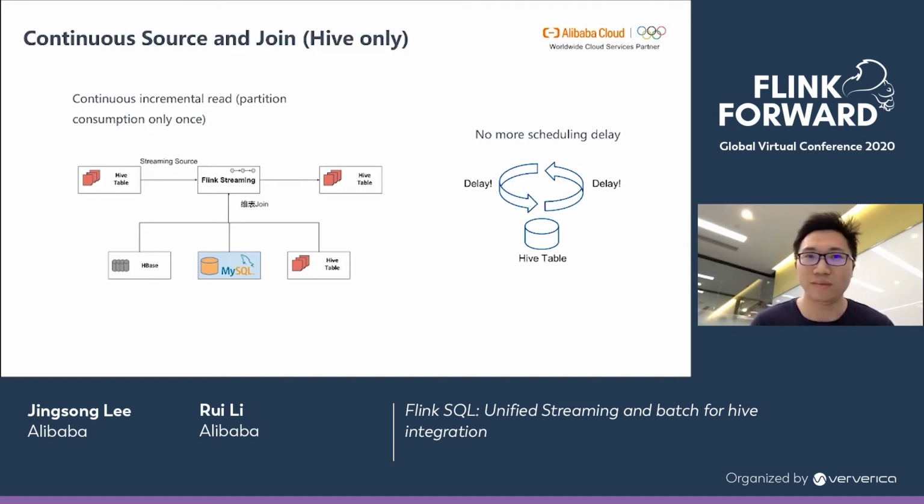The traditional Hive table only supports reading and computing in batch mode, but now we can use streaming mode to monitor the generation of partitions and files in Hive. That is, every piece of data can be consumed in real time.